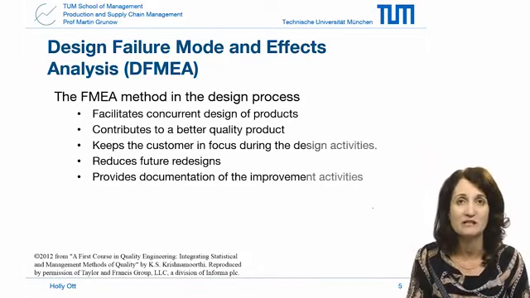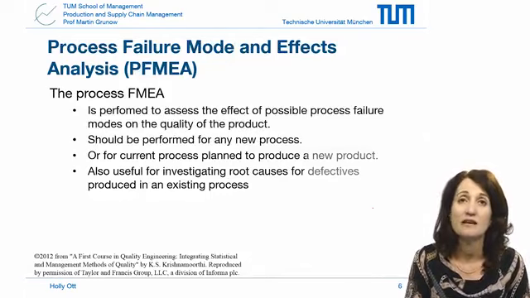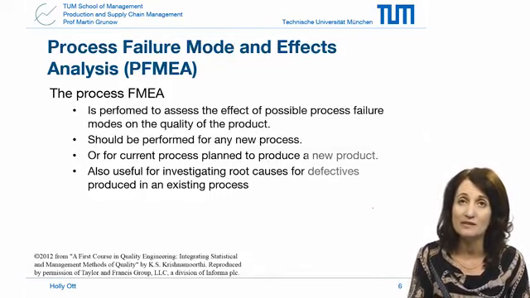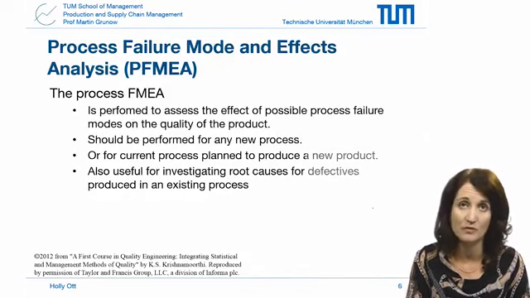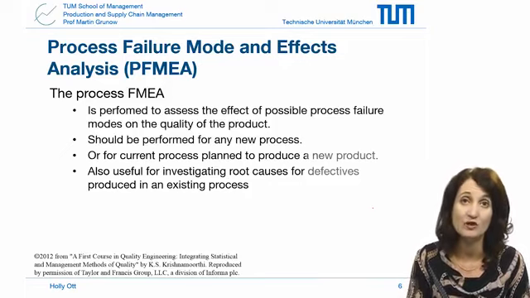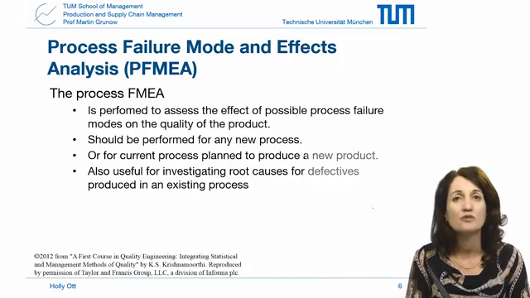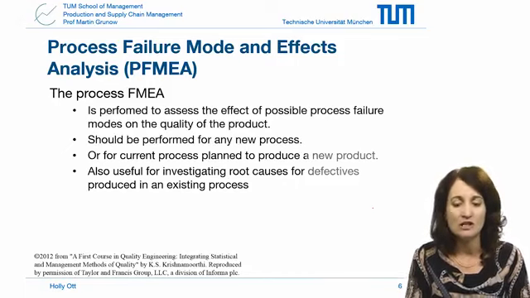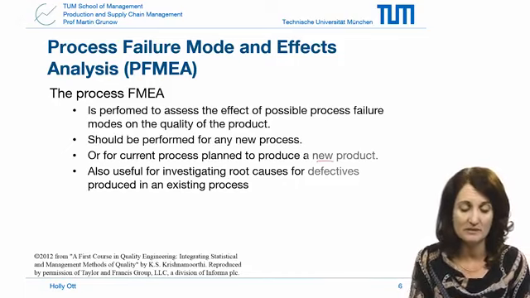Process FMEA is then performed to assess the effect of possible process failure modes on the quality of a product. And it really should be, or must be, performed for any new process or for any process that you currently have that you want to use to produce a new product.